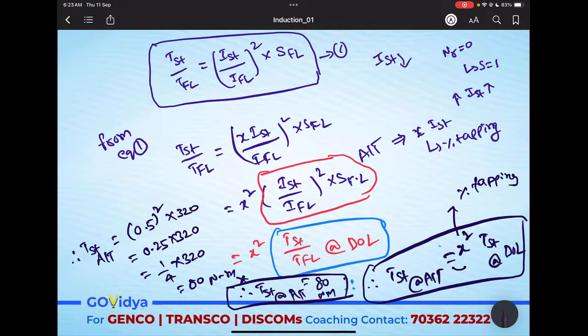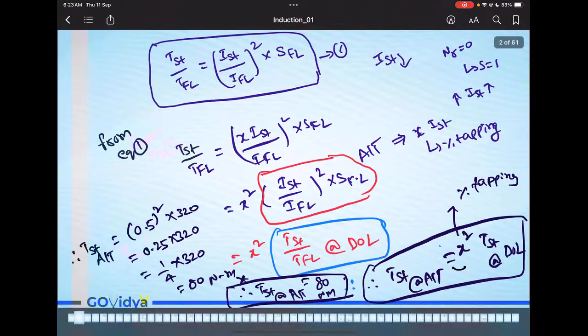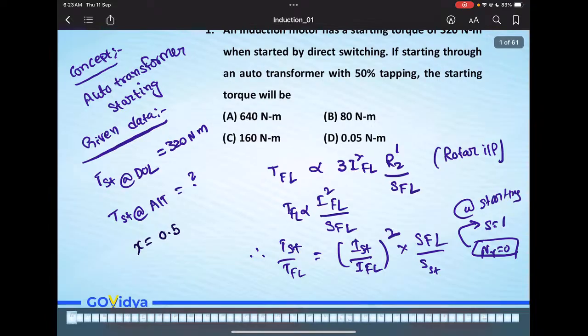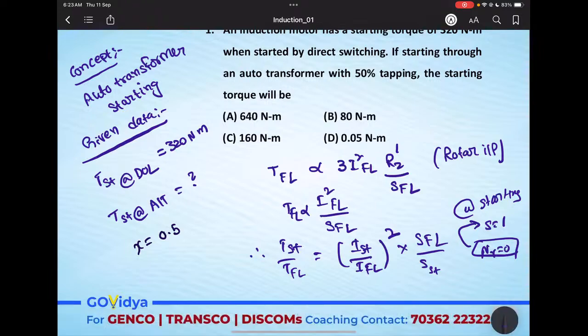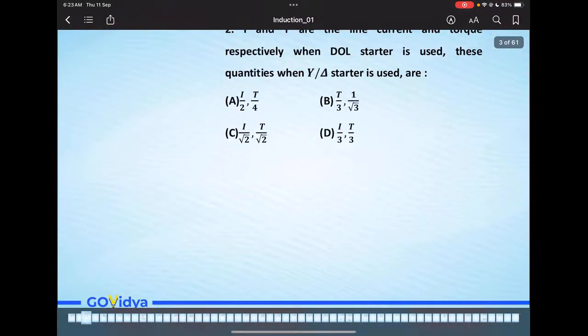This is our answer. Is it clear? If you remember the basic formula, from that we derived the equations. Our option will be B. Let's move on to the next question.